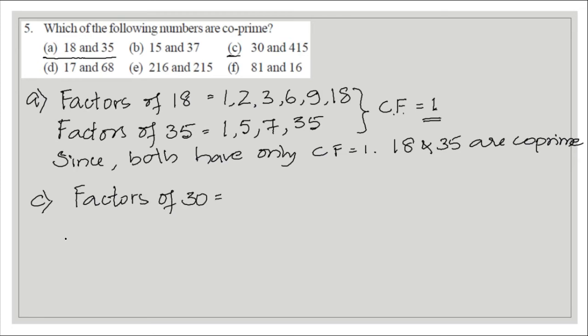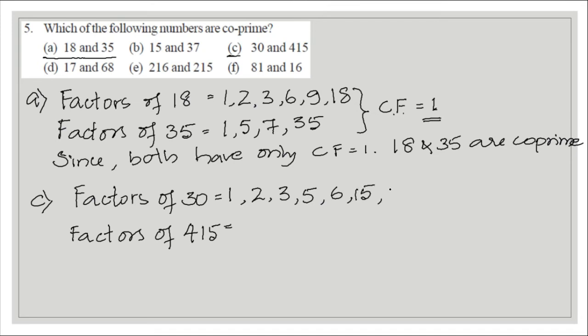Then I will mention the factors of 415. What are the factors of 30? 30 is divisible by 1, 2, 3, 5, 6, 15 as well as 30. The factors of 415 are 1, and it is divisible by 5 and so on.